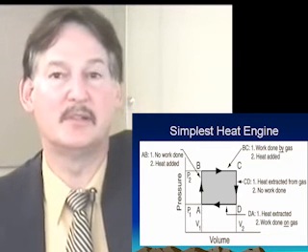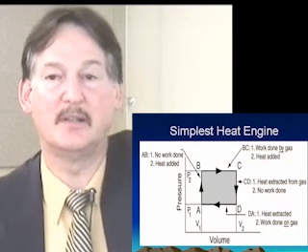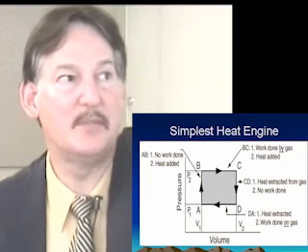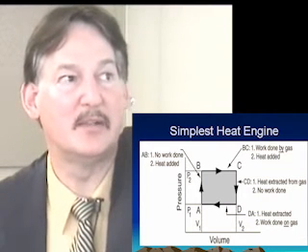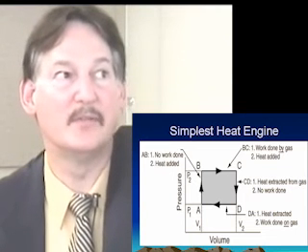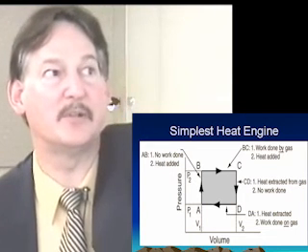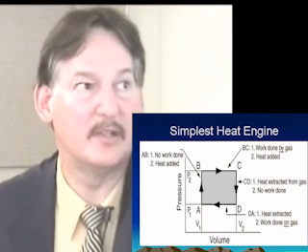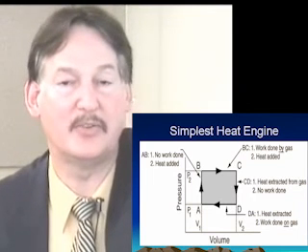So that means there's an external agent doing work on the gas. But at the same time we're extracting heat in order for the volume to drop at constant pressure. Now the work is the area underneath the line AD down to the axis.